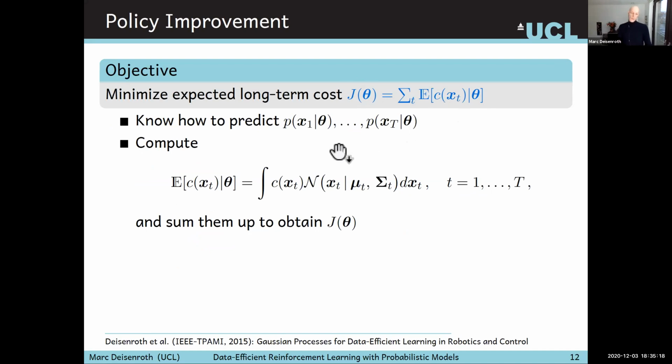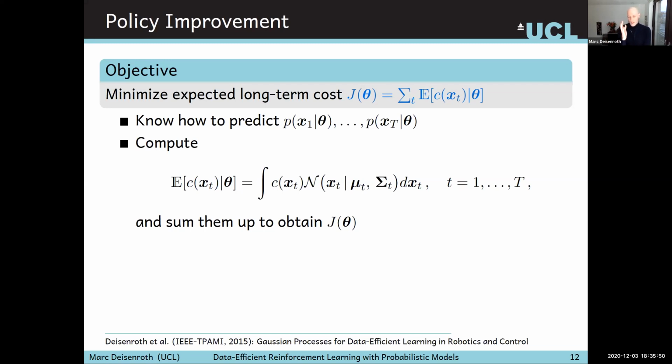Writing down what the expected cost is, by definition it is the integral of c times the distribution on x, which is a Gaussian distribution. The good thing is that a lot of integrals can be solved analytically, depending on what we choose the cost function to be. If we choose, for example, polynomials or some trigonometric functions or Gaussian-shaped functions, then we can compute this expected value in closed form.